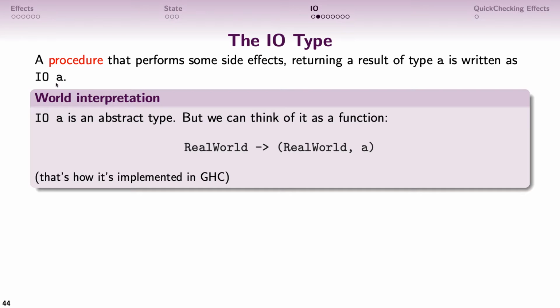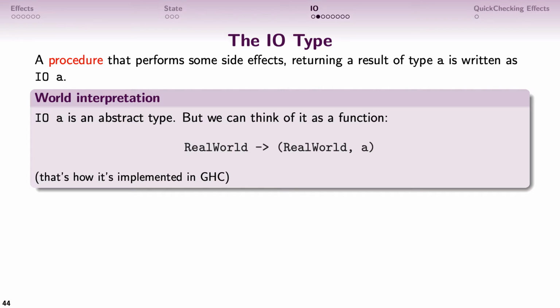I/O is not defined in the Haskell standard library or in the Haskell standard. There are many different ways of thinking of it. You can think of it just as an abstract procedure. You can also think of it as a program in another language. You could even think of this as a C program that returns an A. Inside GHC's implementation, it views it just like the state monad, except the state is really the entire universe, because the input and output could come from anywhere, from the user or from a network or from anything.